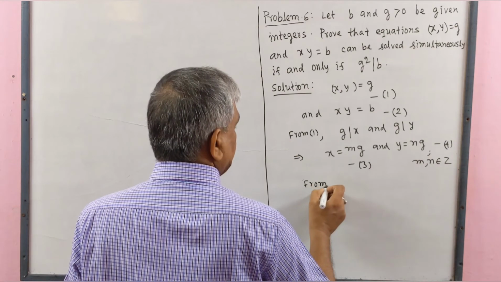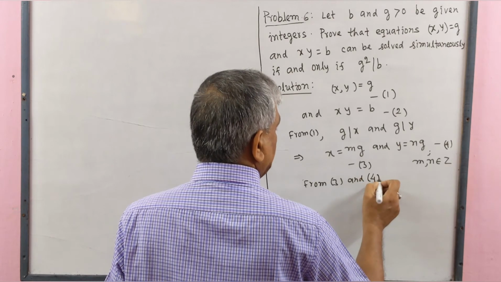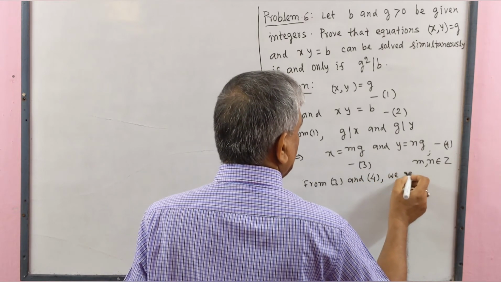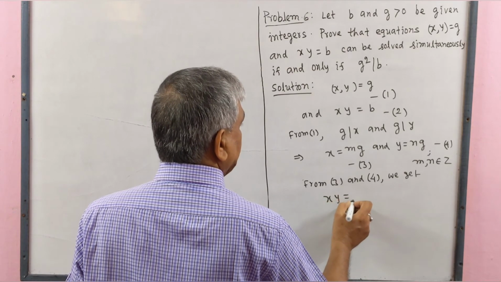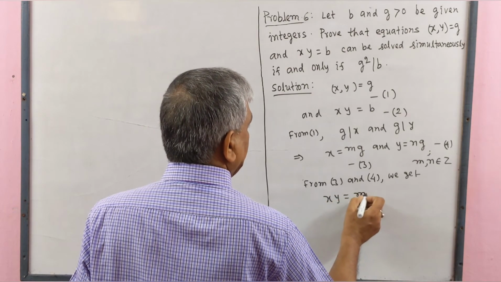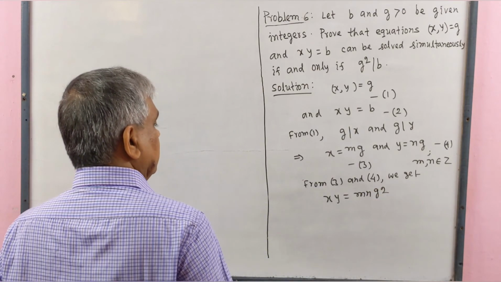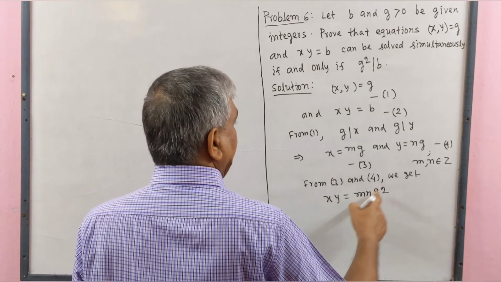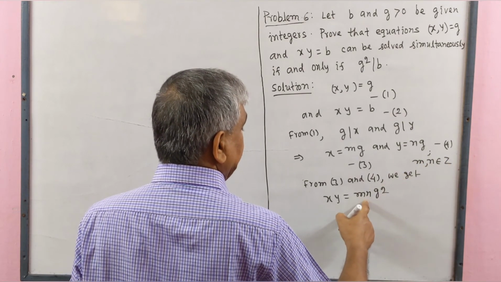From 3 and 4 we get x multiplied by y equal to mn g square. Since m and n are integers, therefore their product is an integer.